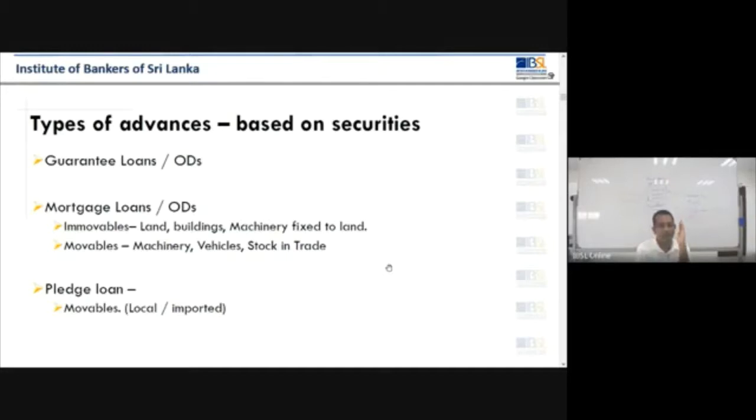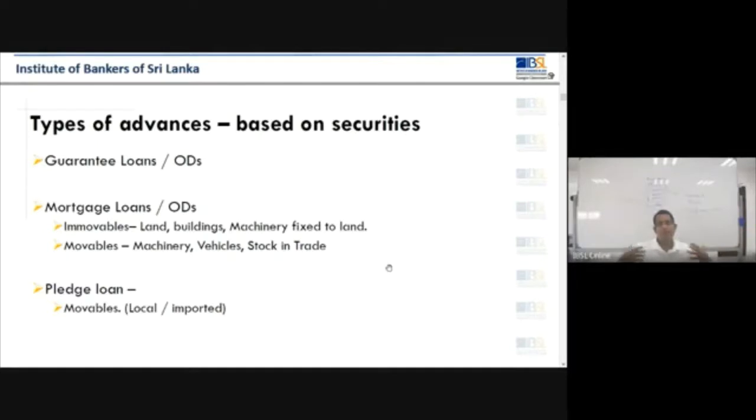Mortgage loans, when the facility is backed by a mortgage. There are two types of mortgages: immovable and movable. Immovable means we can't move, right? Land, building, machinery which is bolted to the ground is immovable, right?